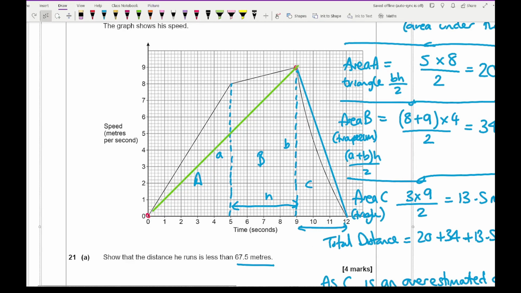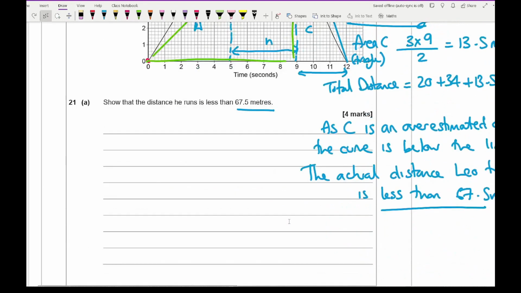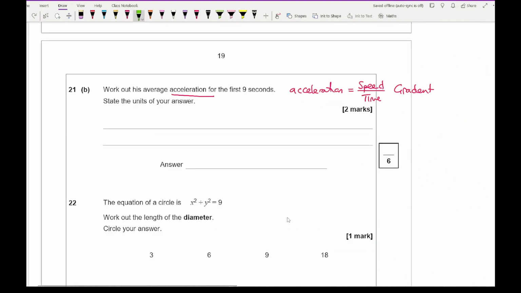So you can see that it's already a right angle triangle, and so I want the speed, which is 9, over the time travelled, which is 9 seconds. So then it's going to be 9 divided by 9, which equals 1. Now for the units, the speed is measured in meters per second and the time is measured in seconds.